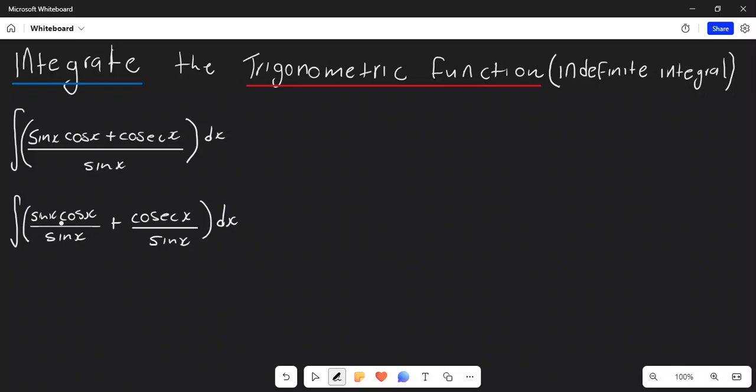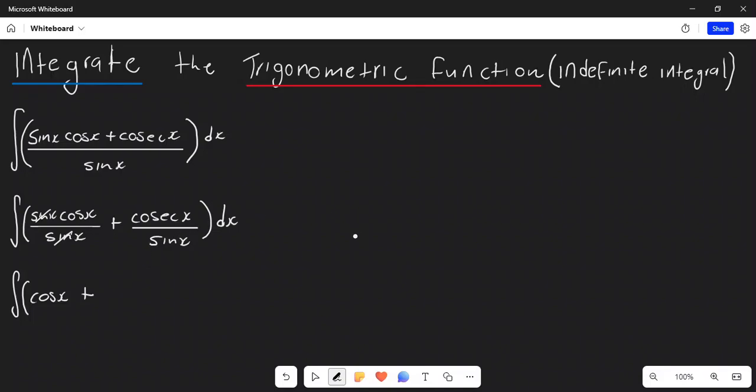Okay, now when you look at this, we know that this sine x divided by that sine x is going to give you 1. You're going to be left with cos x. But what about this one here? Now this one can be tricky.